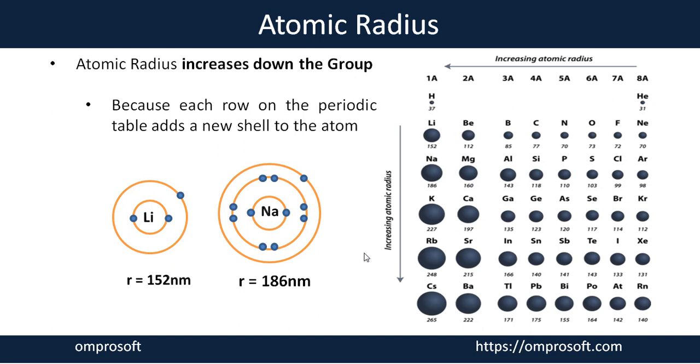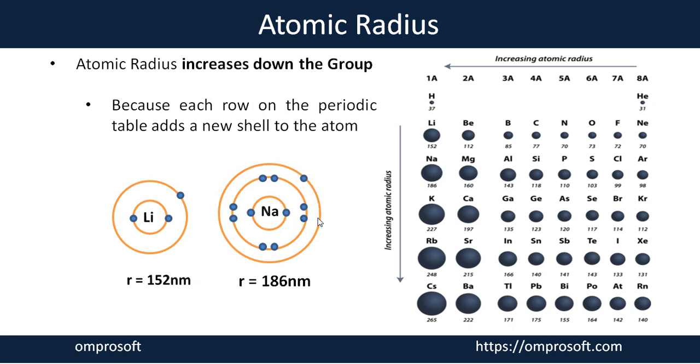Like you can see here. Here you have lithium. It has two shells in its structure. Now, if you move to the next element after lithium in the group, it's sodium. And now you can see in the sodium atomic structure we have three shells. The outermost shell in lithium has one electron and in sodium also has one electron.